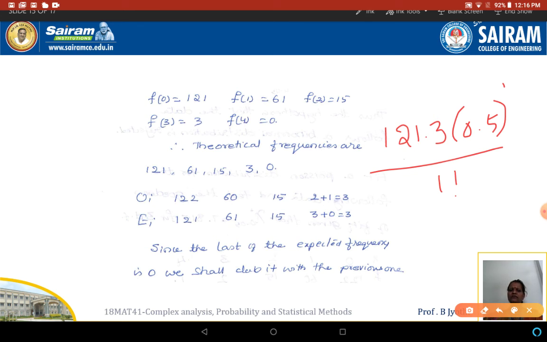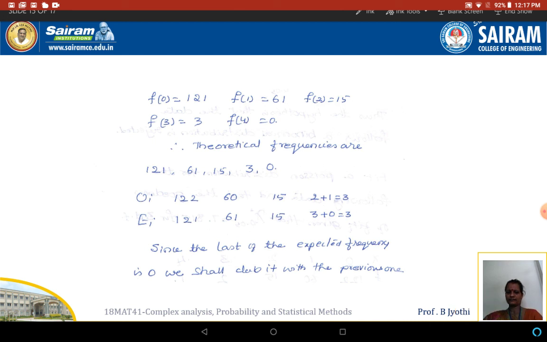So 121.3 into 0.5, if you do, we will be getting 61. Similarly, we put 2 divided by 2 factorial, then 3 divided by 3 factorial, 4 divided by 4 factorial, and so on we need to do. And for these respectively we will be getting 121, 61 and so on.